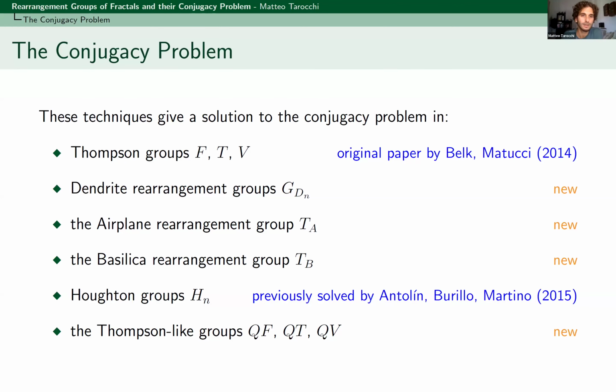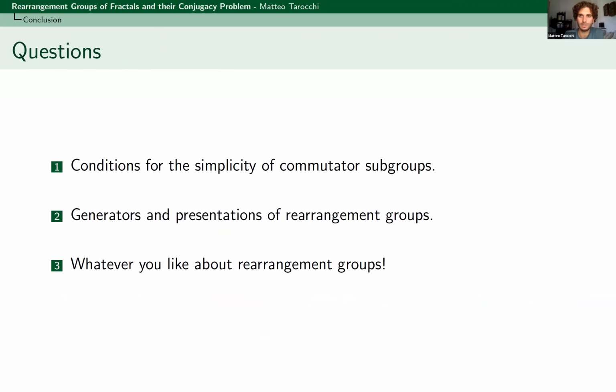So to conclude, there are many questions that you could ask about these groups, right? Because these are fairly recent. You could try to understand more about, for example, the reduction confluence in the replacement systems, but I think that is easy enough to check in the examples that it's probably good enough as it is.